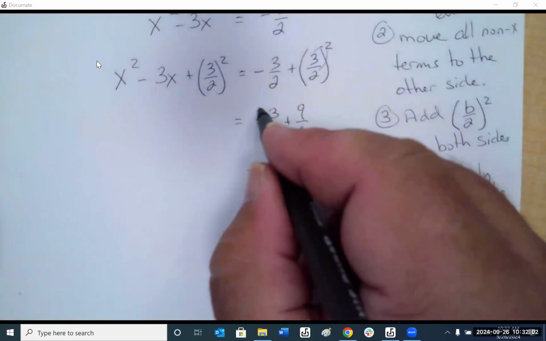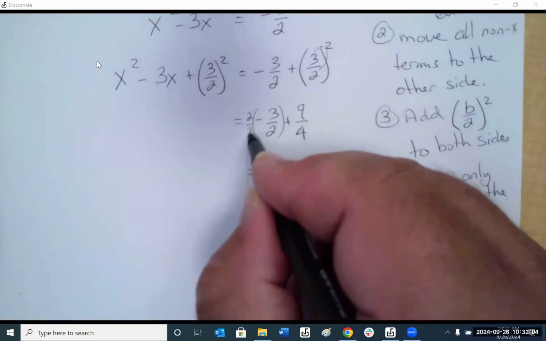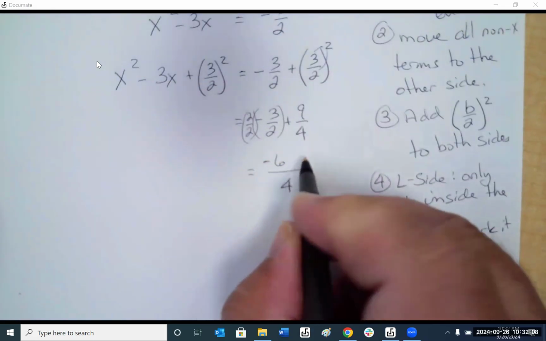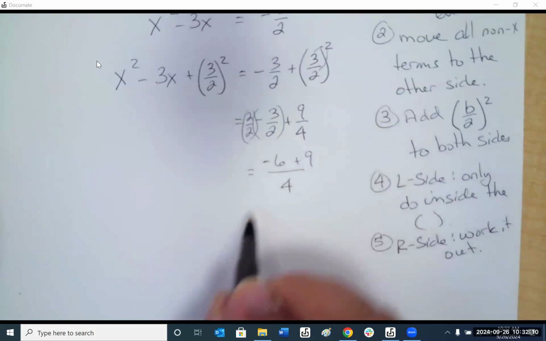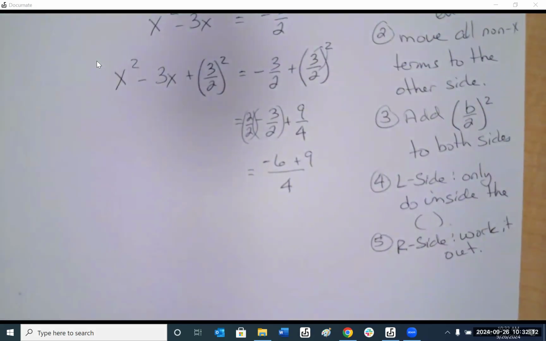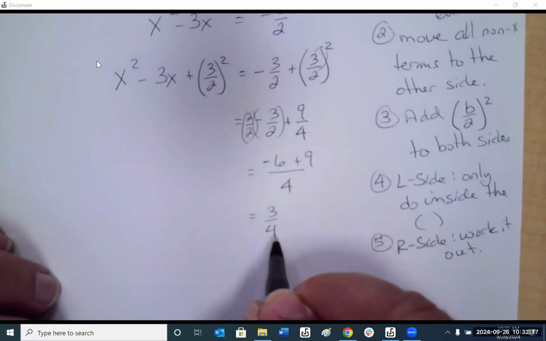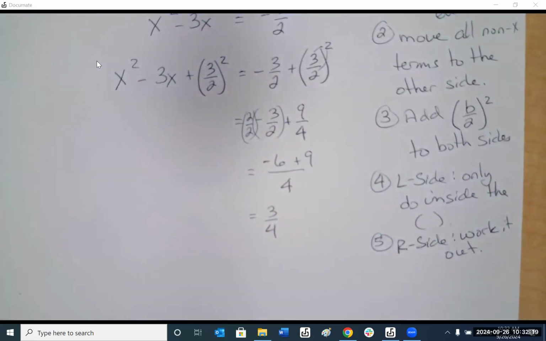So I got to multiply this one by 2/2. So we got -6 plus 9/4, which is 3/4.